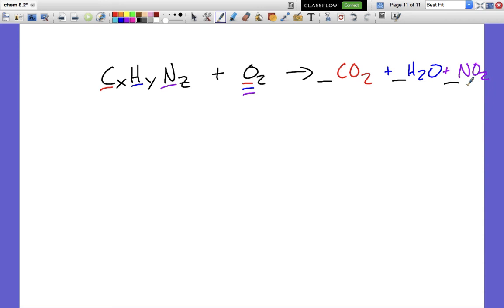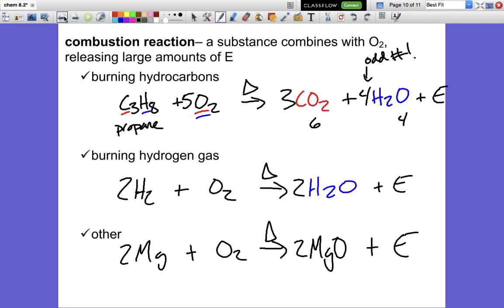Otherwise, one last thing to look at. If you look at these last 2 examples that I gave you, you should notice that they might actually fall under another category in our types of reactions, because I'm only making one product here and here.